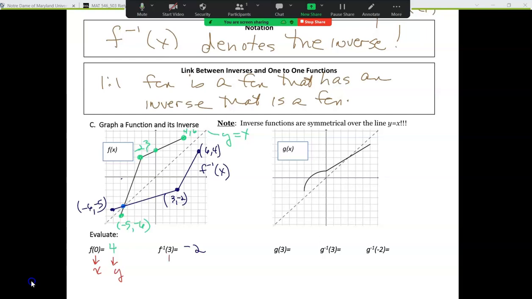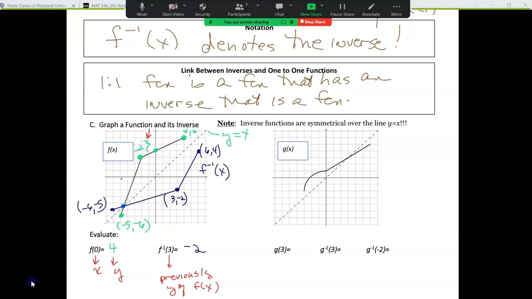So this is your x of the inverse function, but wasn't it previously the y of your original function? And if you know that, then I could have used this point to get the negative 2 just as well. Okay, so just think about that.